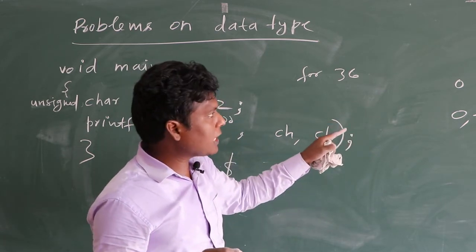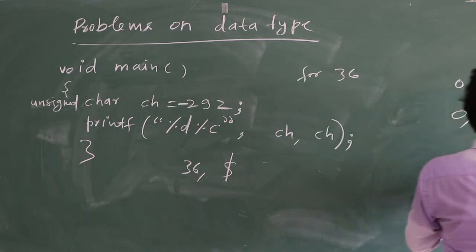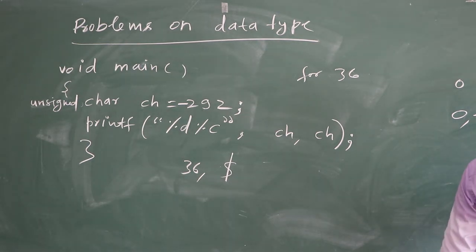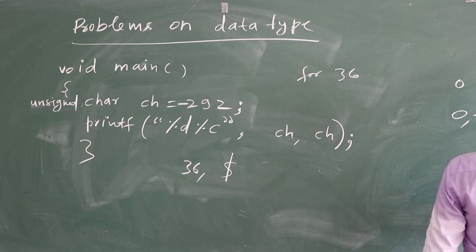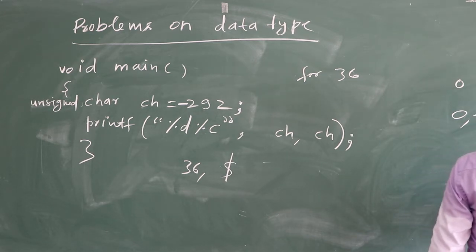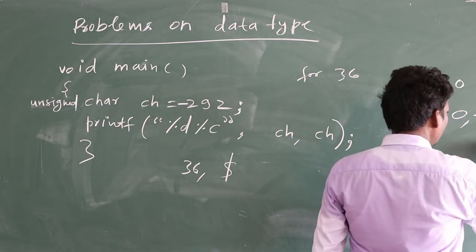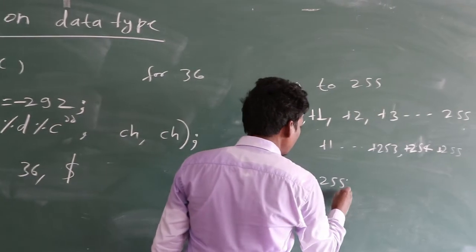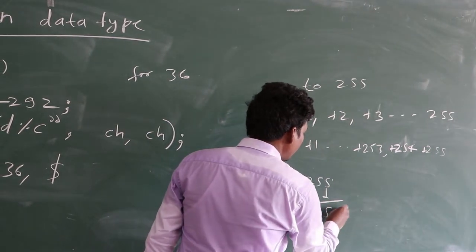So here it starts with 255, on this side. So 255, 254, 253, and so on, plus, and you go to +1. Total value is 255, 0. Total value is 1, 256.